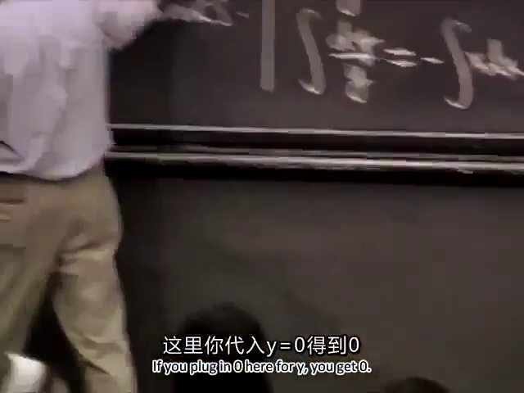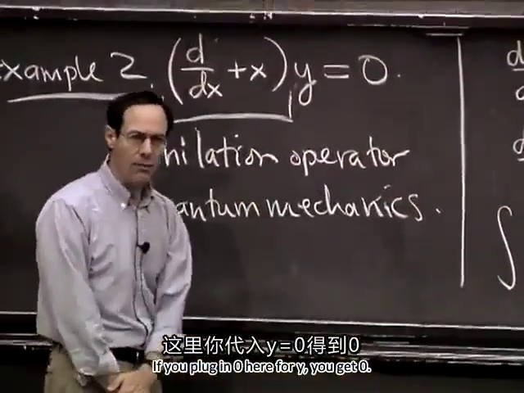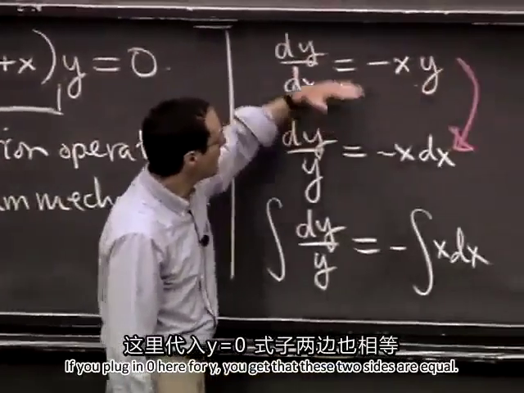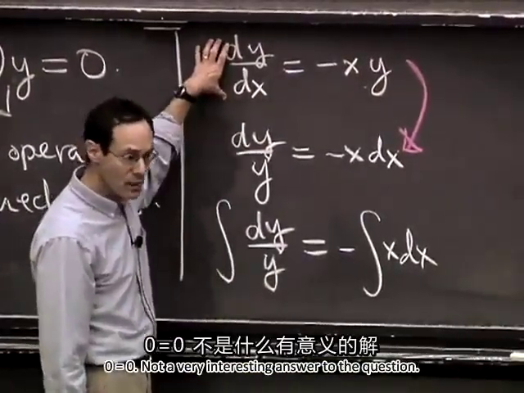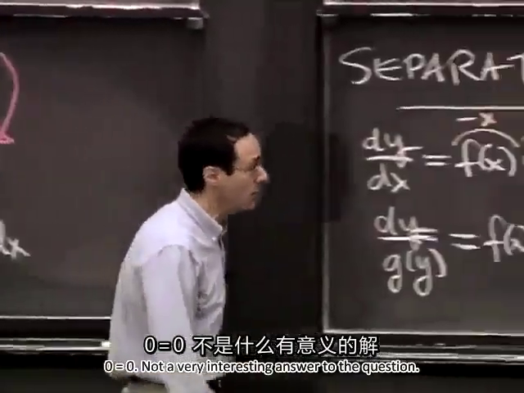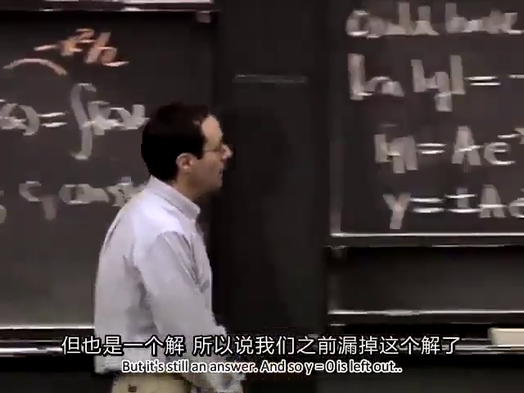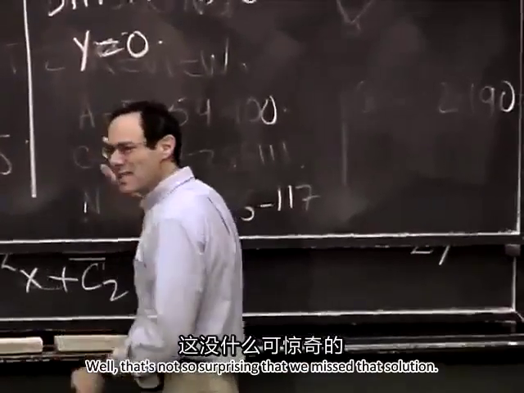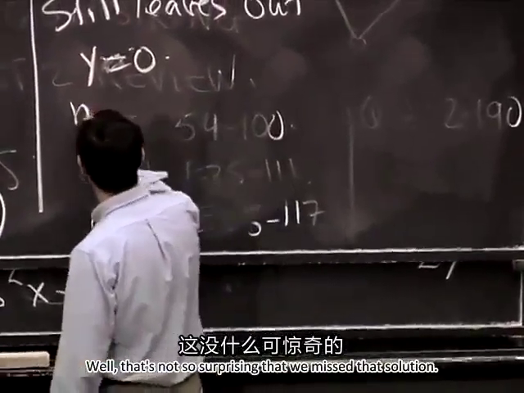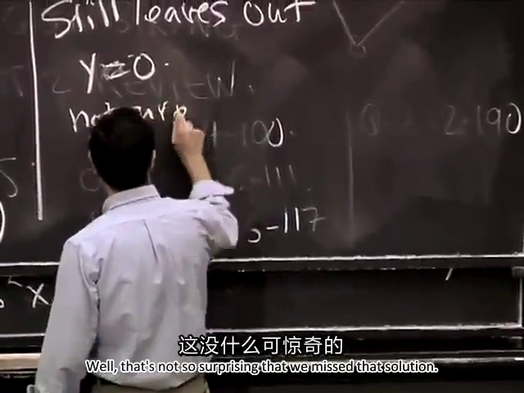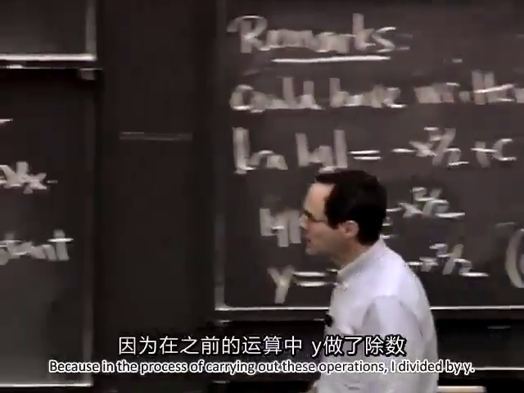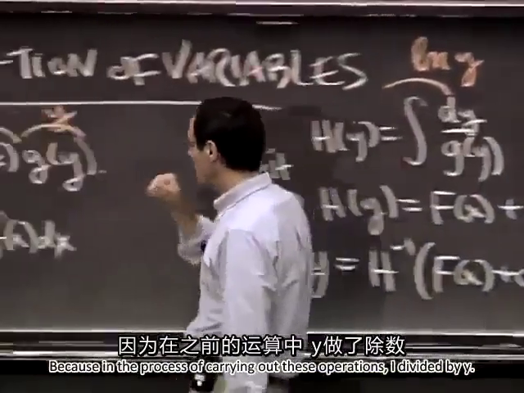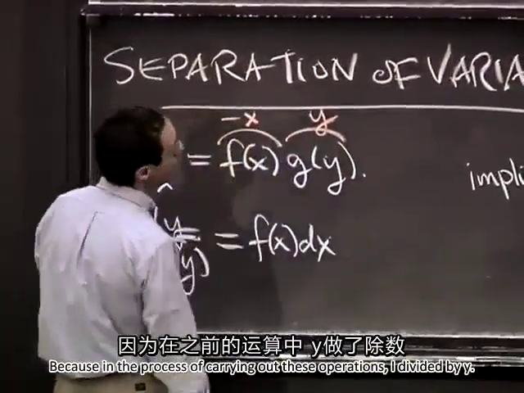If you plug in 0 here for y, you get that these two sides are equal. 0 equals 0. It's not a very interesting answer to the question, but it's still an answer. And so y equals 0 is left out. Well, that's not so surprising, because in the process of carrying out these operations, I divided by y.